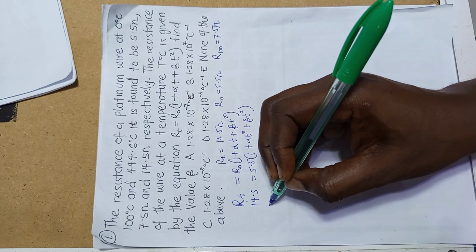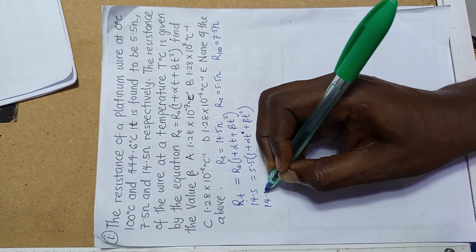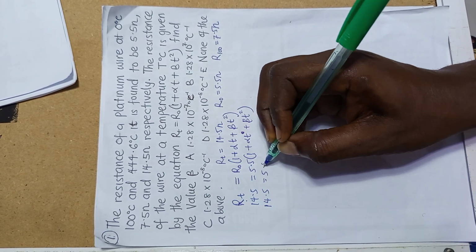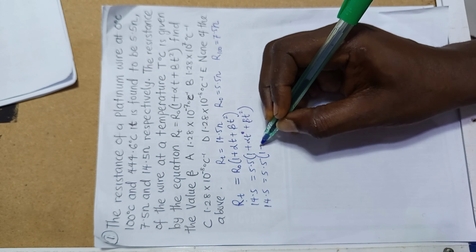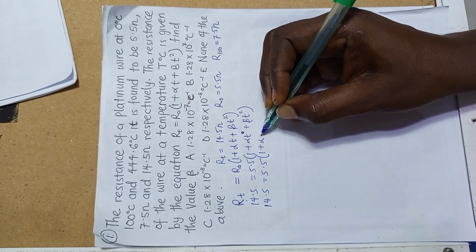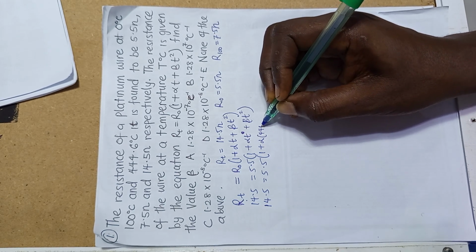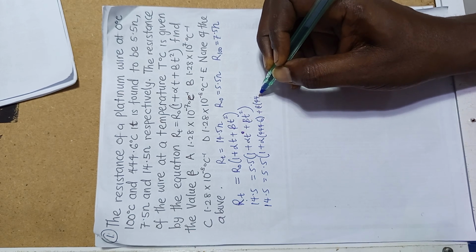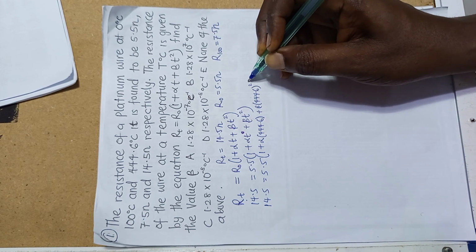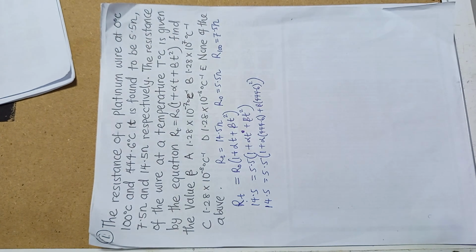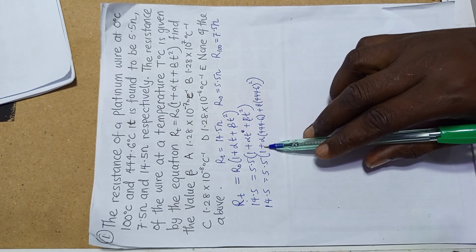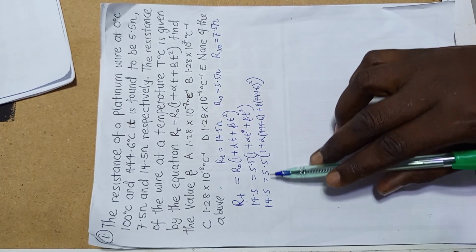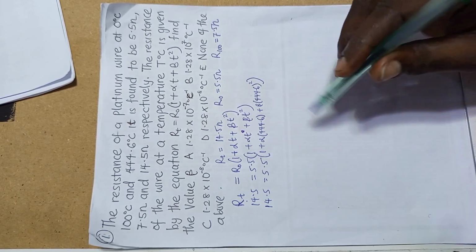So this one will now be 14.5 equals 5.5 (1 + alpha times 444.6 + beta times 444.6 all square). So we want to multiply this one, multiply this one, and this one.